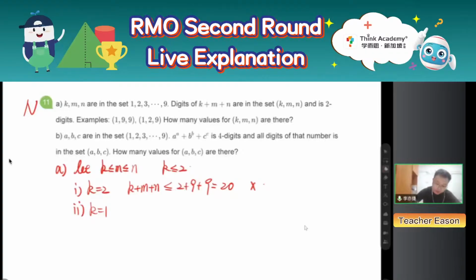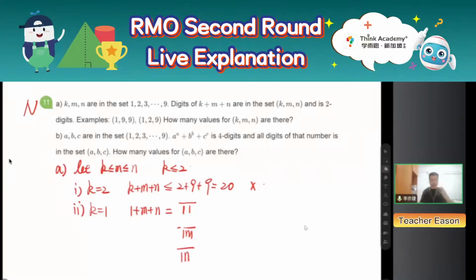So generally, k must be 1. If k equals 1, then k plus m plus n is 1 plus m plus n. The number is either 11, 11m, or 1n.